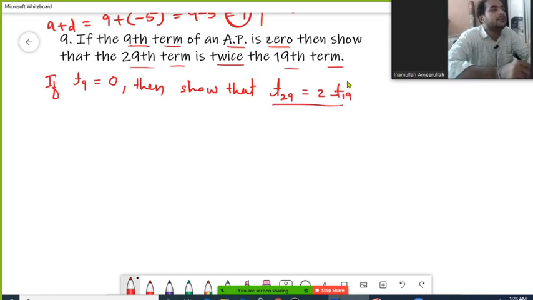This we need to prove. Now how you can prove this question, that is important.